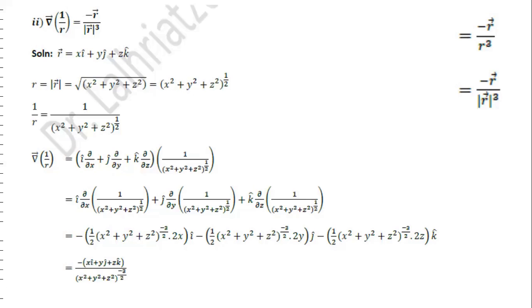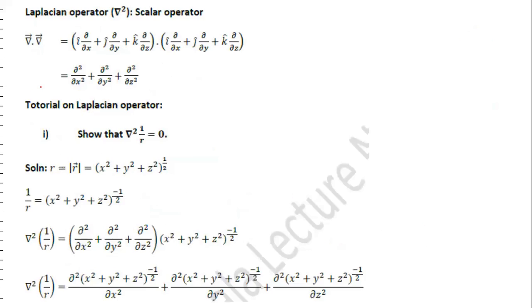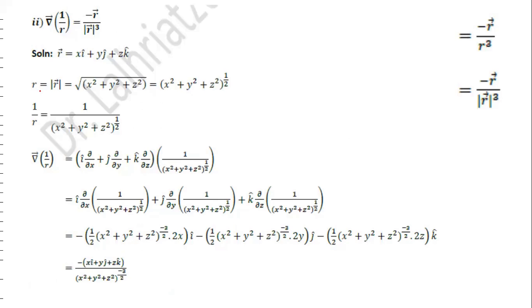So this particular case is also a gradient. This r is again the position vector, so you just take the magnitude of that r. This is the small letter r without any vector sign, and 1 upon r is simply x square plus y square plus z square to the power minus 1 upon 2.